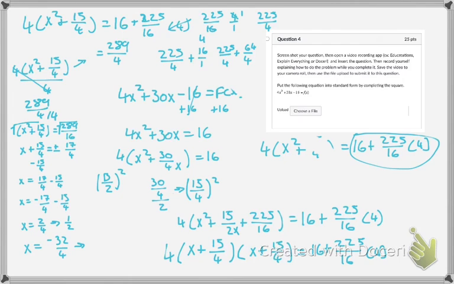So x equals negative 8. Let's highlight those right there. And that is how you complete the square.